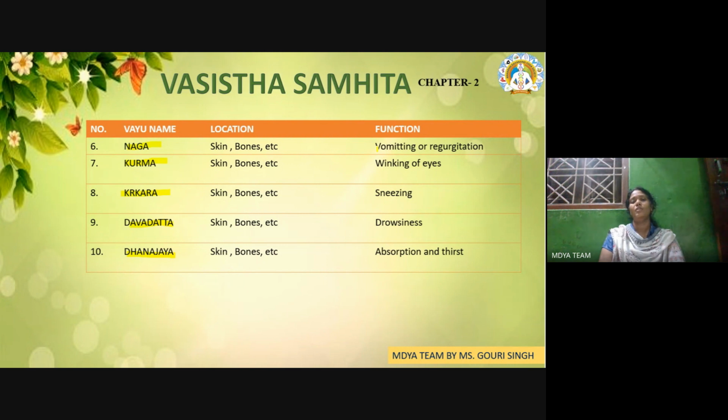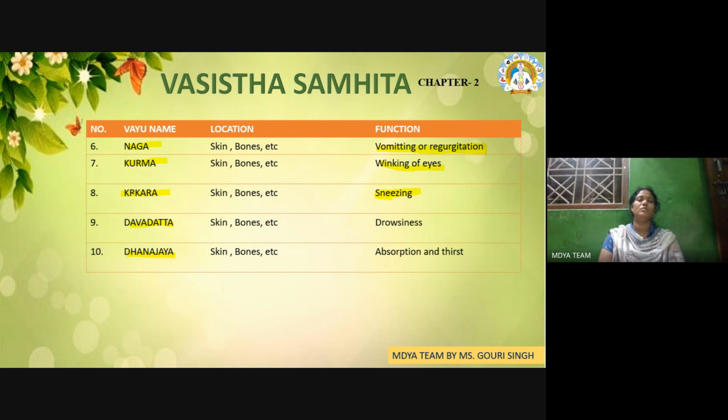Because of Naga, vomiting or any sensation in the throat region occurs. Kurma is present in the winking of the eyes; whatever movement of our eyes, that is because of Kurma. Krikara is sneezing or any activity related to that.